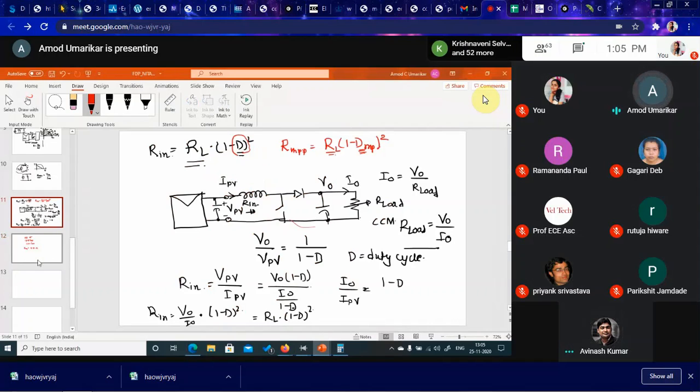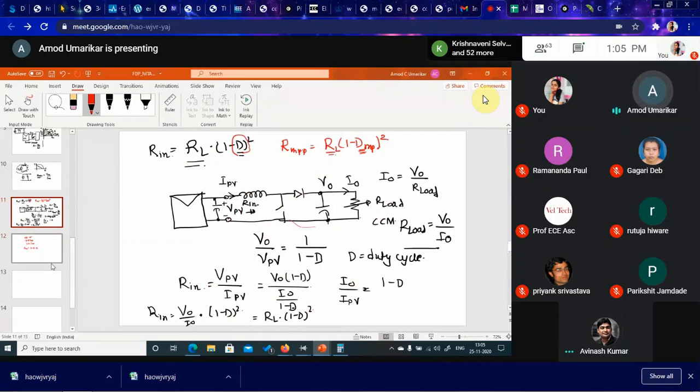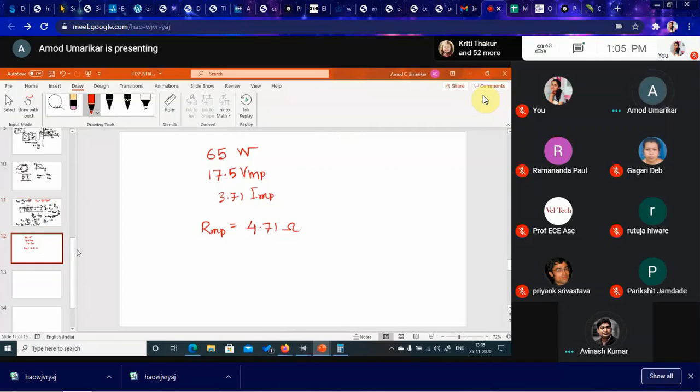If RMP is given as 4.71 and RL is 20, then 1 minus D squared equals RMP upon RL, that is 4.71 upon 20.